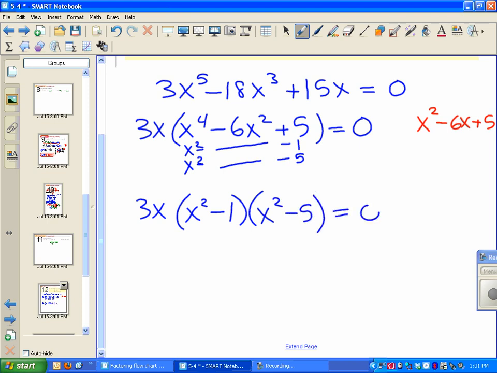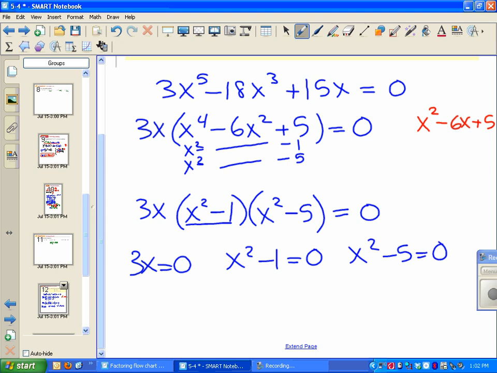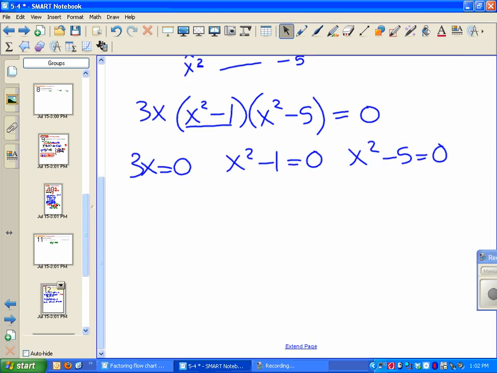Since we're solving, we don't have to factor completely because we can take these and do the square root method. So when we solve, we have 3x equals 0, x squared minus 1 equals 0, and x squared minus 5 equals 0. These are all the x-intercepts if I was graphing. So divide by 3, x is going to be equal to 0.